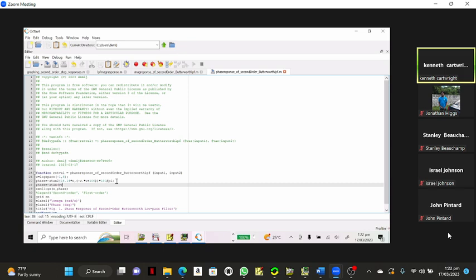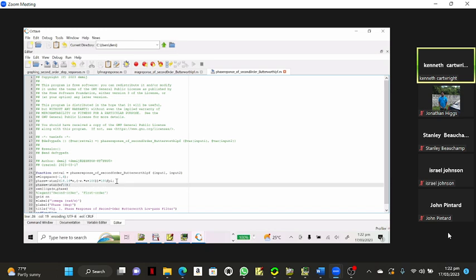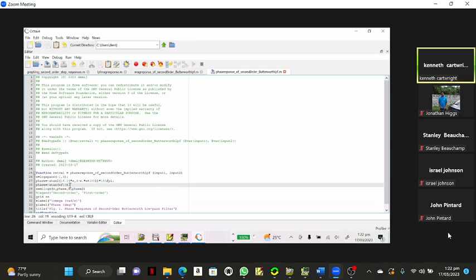Omega divided by 10, I think. Let's see if that's it. I haven't derived it again. So we have to multiply by, we have to convert it.